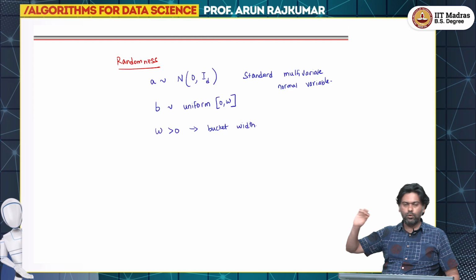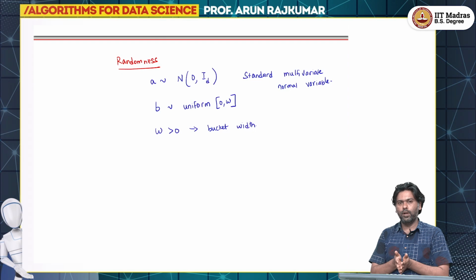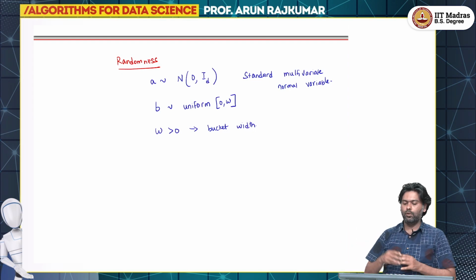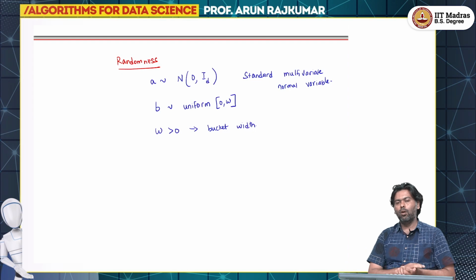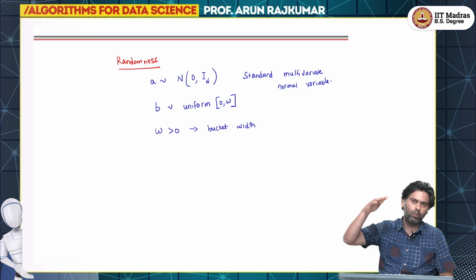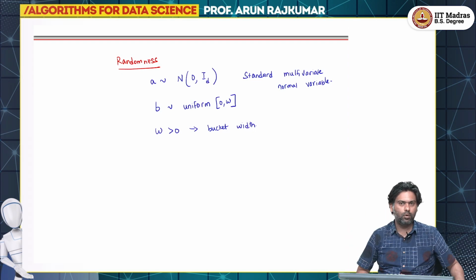I pick a b which is uniform between 0 and w, and then for any x in d dimensions I compute a transpose x plus b, divide by w, and take the floor of it. If that value after dividing by w was, let us say, 2.32, then it is going to go to 2. The floor is the greatest integer which is smaller than the given value. For 2.15, the largest integer which is less than 2.15 is 2, so that is the floor of 2.15. Okay, so that's the hash family.